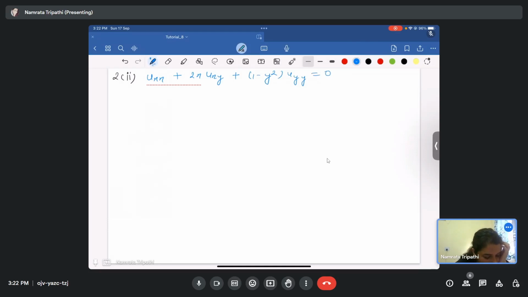Firstly, you have to find the condition for parabolic. Tell me the answer. You have to check delta, b square minus 4ac, equal to 0. Then what region will we get in this condition?